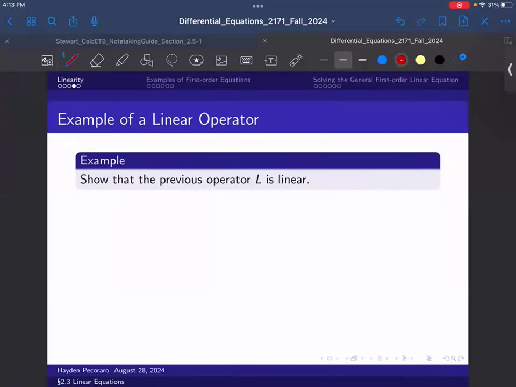So let me write down our operator here. It's L equals 1 over x d/dx, and then minus 1 over x squared. And so when I plug a function y into this operator, it should look like L of y equals 1 over x d/dx minus 1 over x squared applied to y.